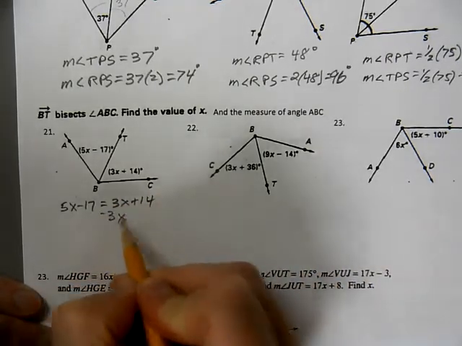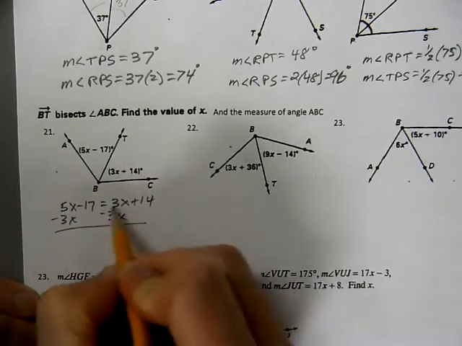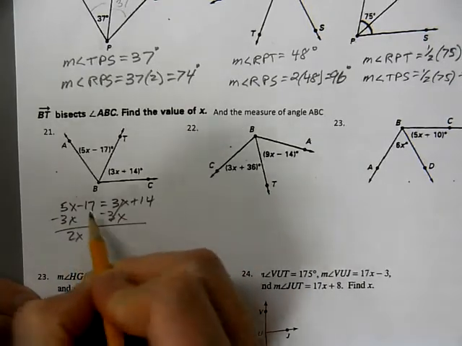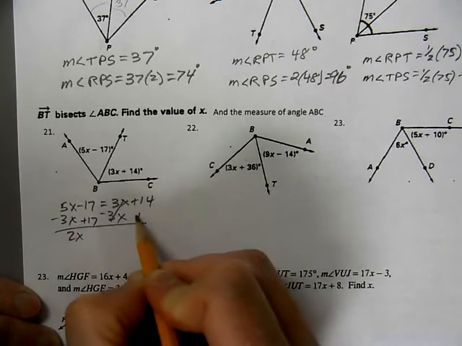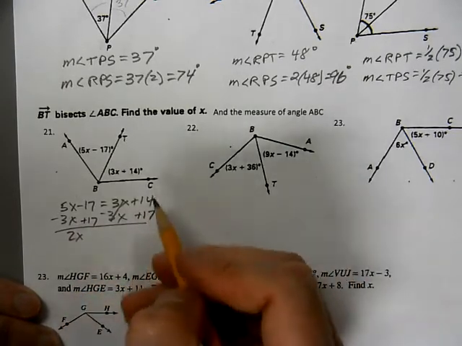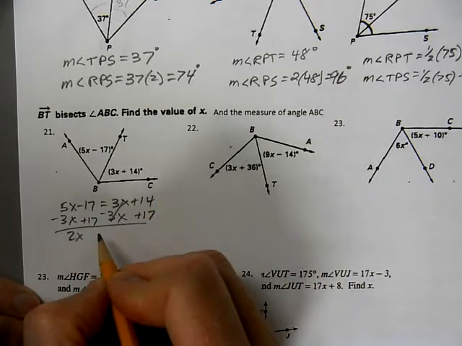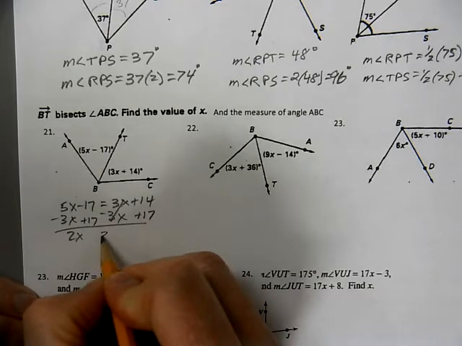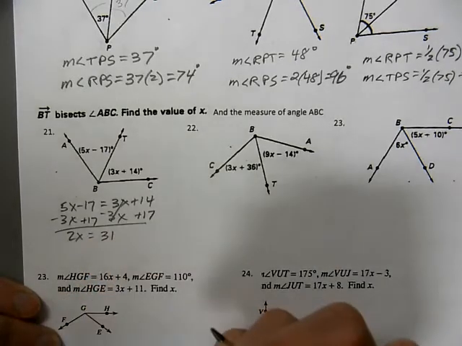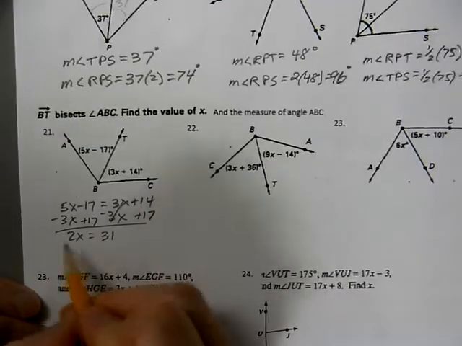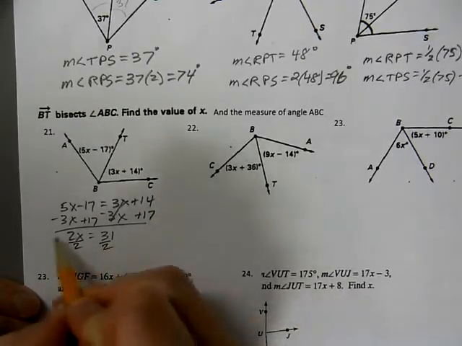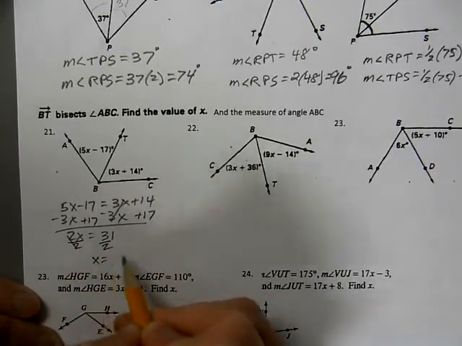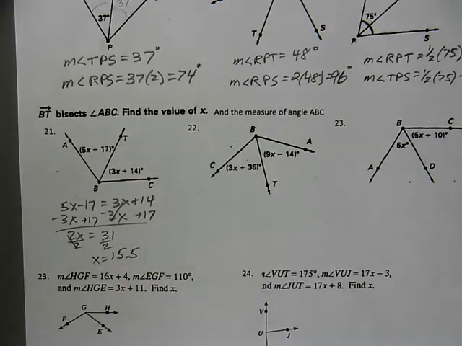And we subtract 3x. We add 17. So we divide by 2. So we get 15.5 degrees.